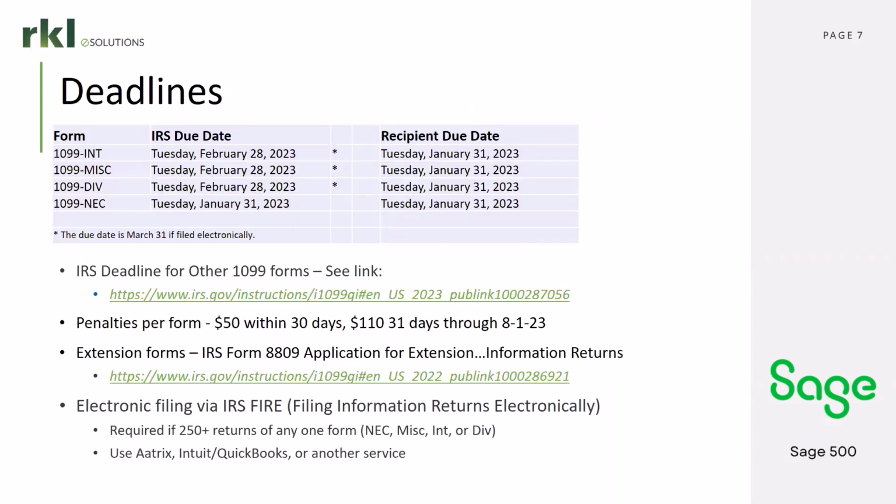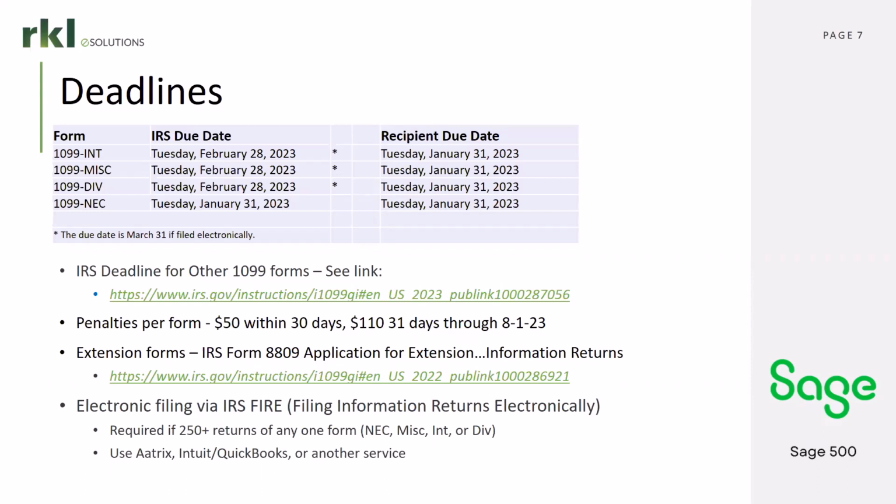Deadlines. So for the 1099 interest, miscellaneous, and dividend, the IRS due date is February 28th. And for the NEC, that's January 31st. As the asterisk would indicate for the first three forms there, the due date is March 31st if filing electronically.